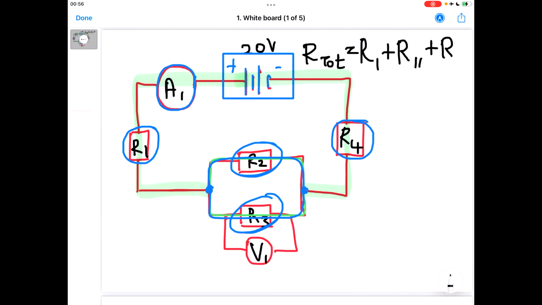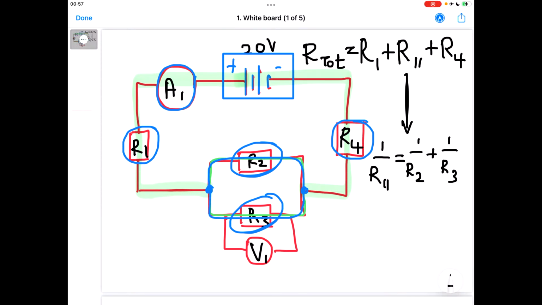Remember guys, R parallel has a formula which says 1 over R parallel is equals to 1 over R2 plus 1 over R3. So you are going to use your mathematical knowledge or steps or rules to solve for R parallel.